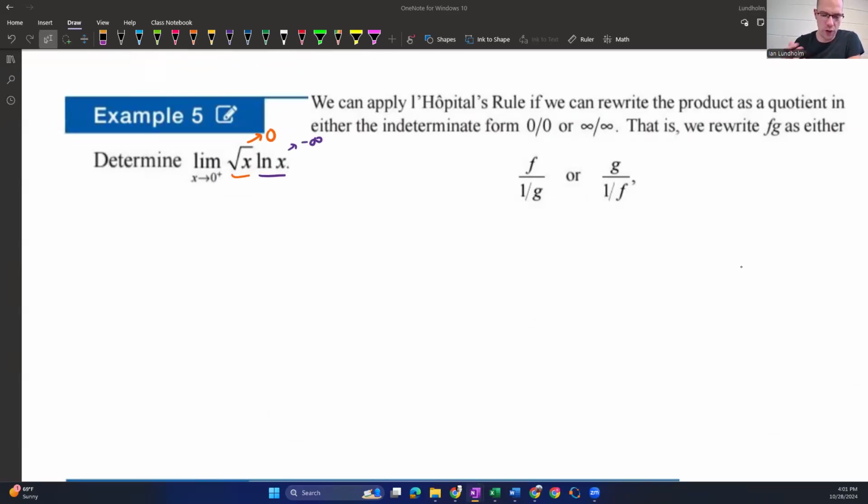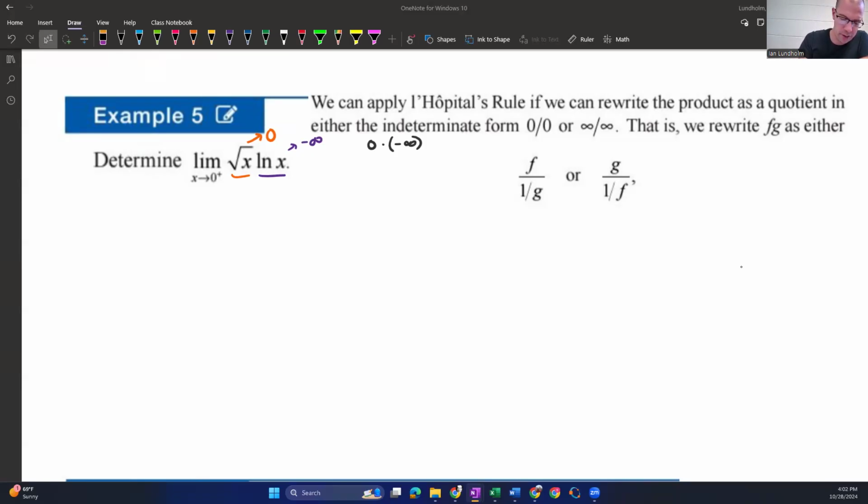So right now, this looks like 0 times negative infinity. And that's not a 0 over 0 or infinity over infinity. So we can massage this into L'Hopital's rule by changing its form.